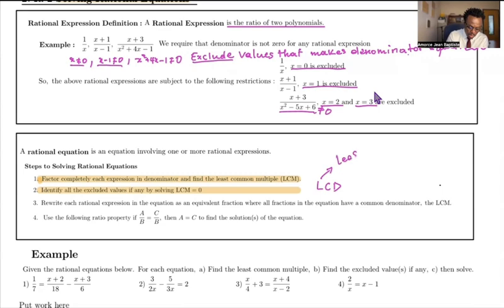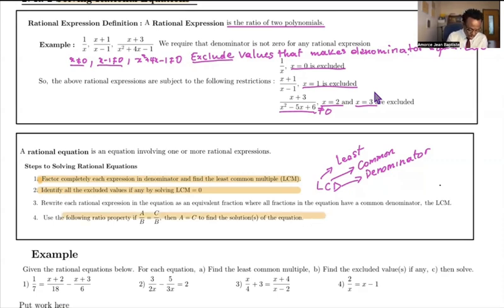Then you solve the LCD equal to 0 in order to identify the excluded values.